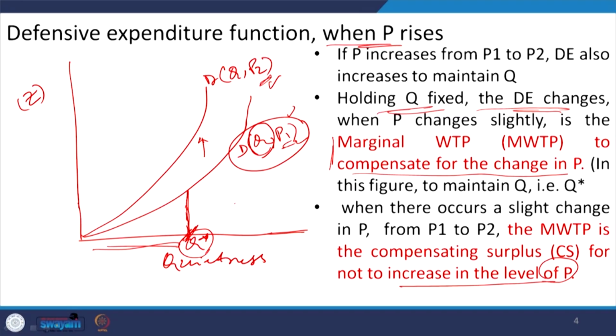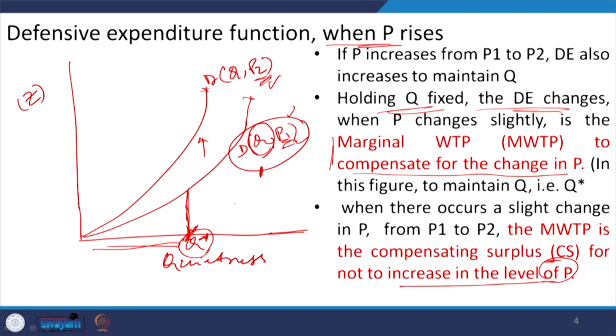So, for that case, if we have already drawn these two defensive expenditure functions, taking into account the initial level of pollution and the increased level of pollution, from the defensive expenditure functions themselves we can find out the willingness to pay, which is also known as the compensating surplus.